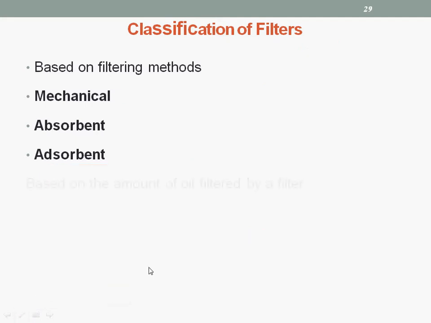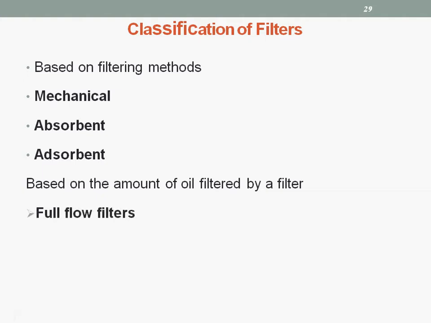Next, based on the amount of oil filtered, we classify filters as full flow filters as well as proportional or bypass filters. In the case of full flow filters, we filter the complete amount of hydraulic fluid.